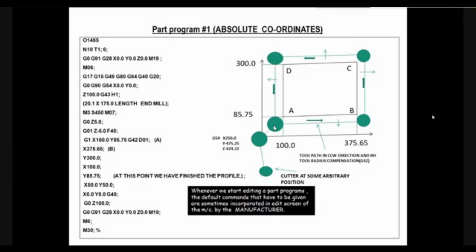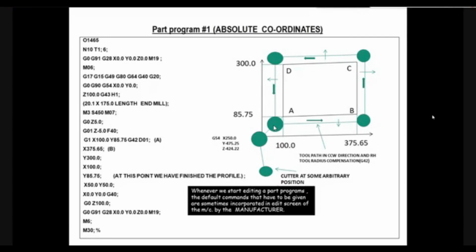And then G0, G91, G28, X0, Y0, Z0, M19. That means the cutting tool has been taken back to machine origin and spindle orientation is effected. And then tool change command is given, M6.